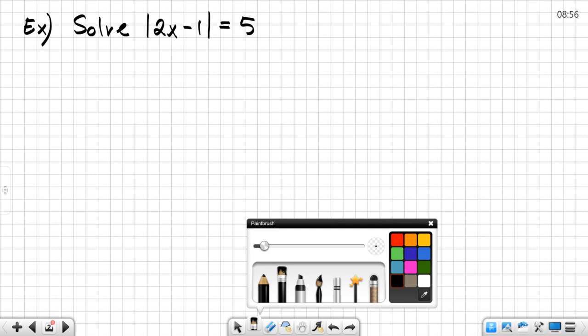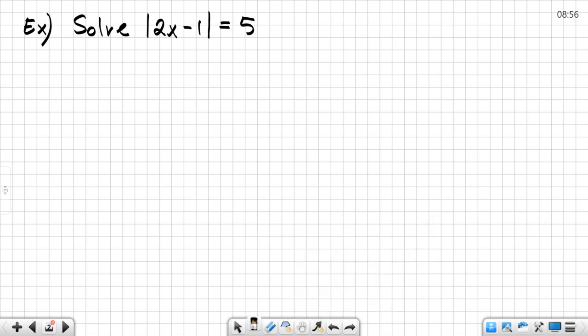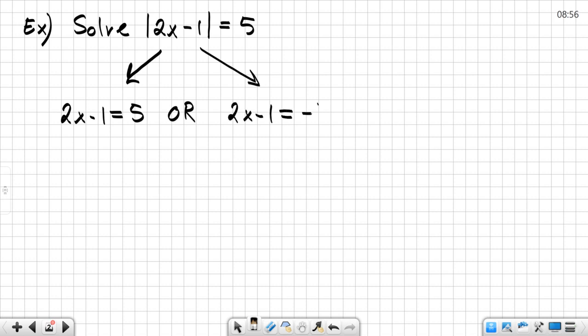That means what I have to do now is turn this whole equation into two new equations: 2x minus 1 is equal to 5, the same equation without the absolute value bars, or 2x minus 1 is equal to negative 5. These two equations I'm going to be solving, and the answers to those equations will be the solution set to the original problem.